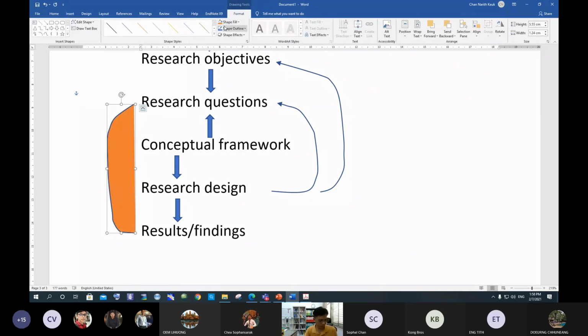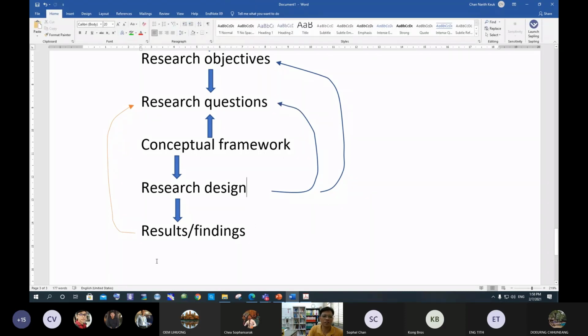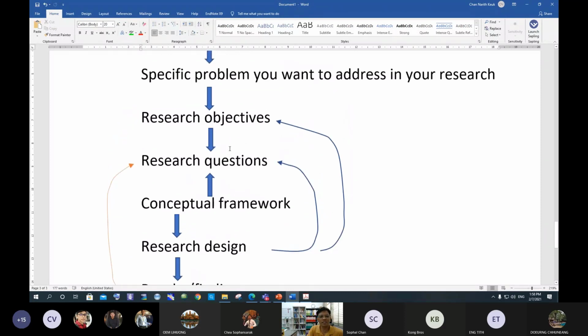Okay, good. Interesting. So now you can see it's arrows down and arrow up.